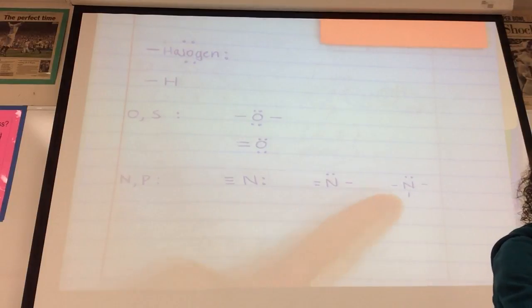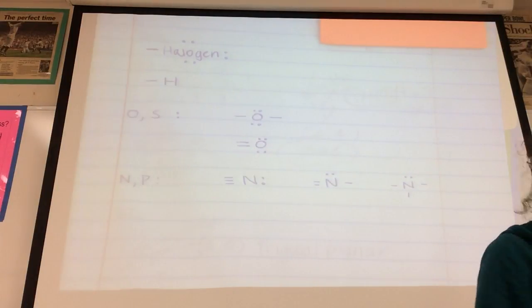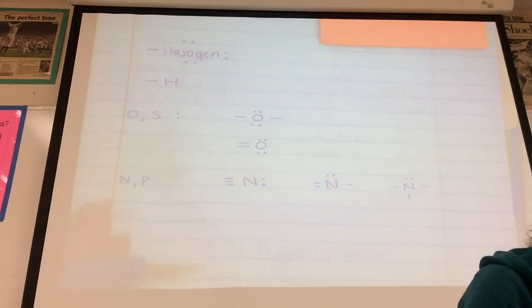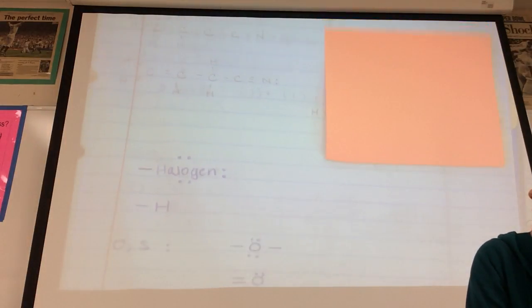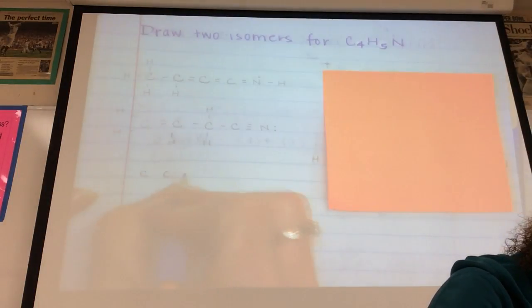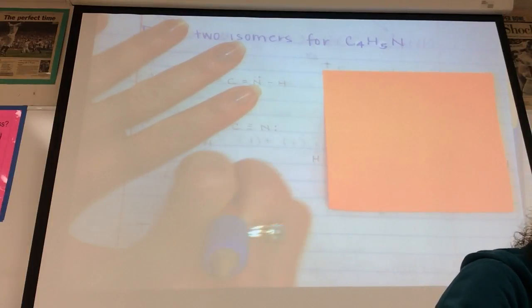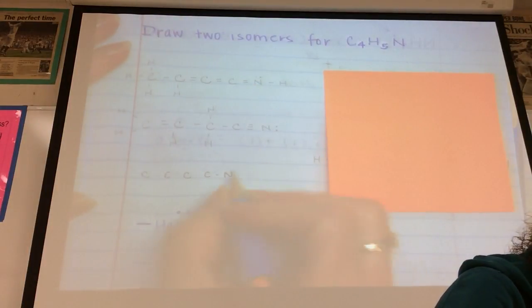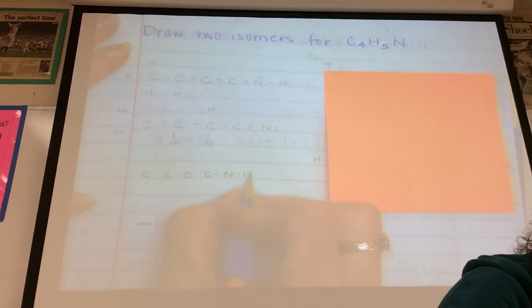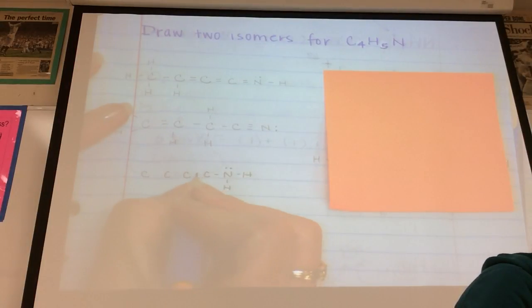So you could do this. I don't know if this structure would have worked, we could try it. If we had done C, C, C, C, N, and if we had gone singly with the N, so N has all single bonds, we still have 3 H's to place.